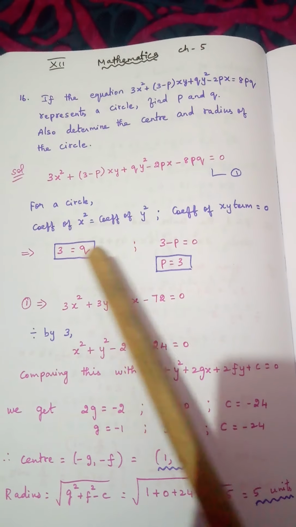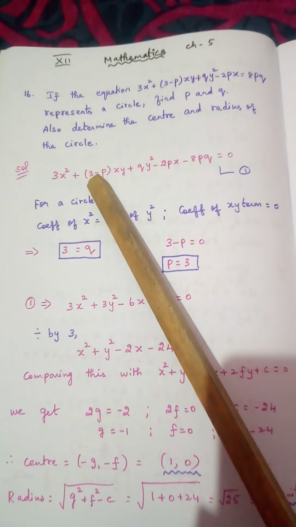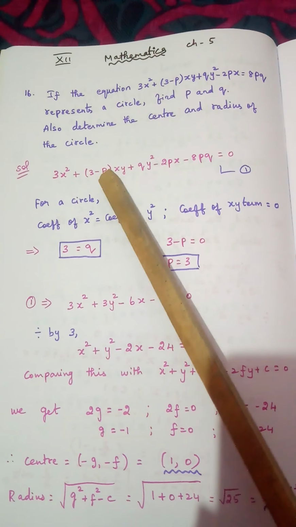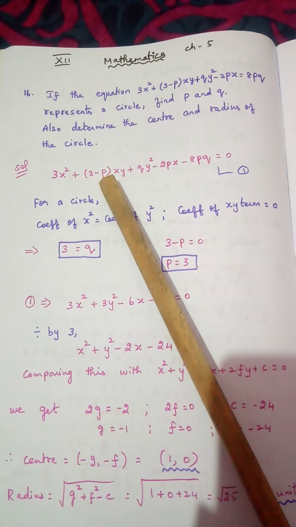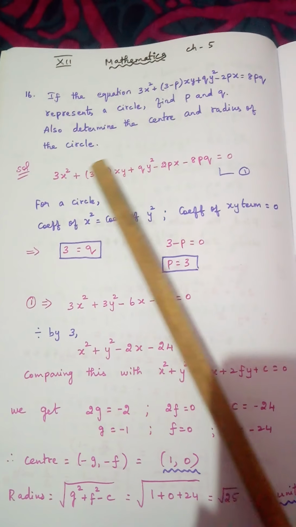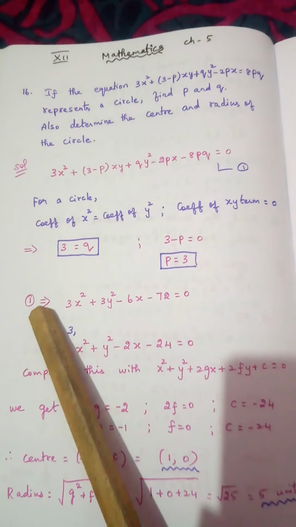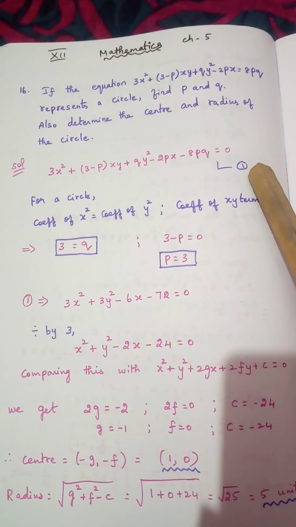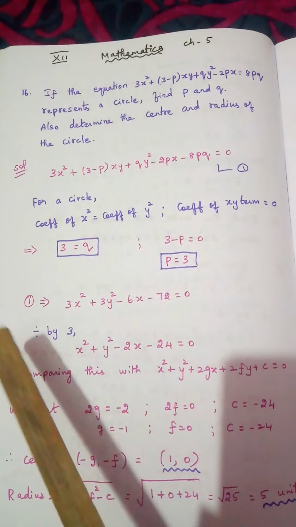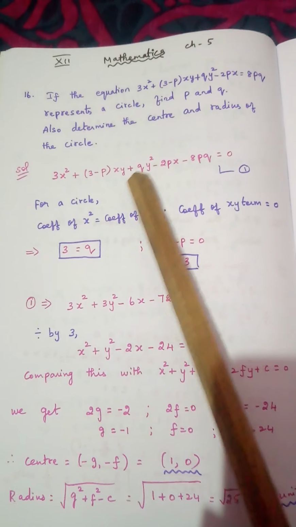So what we do is we are going to substitute p value and q value in this first equation. What will happen if I put 3 here in place of p? 3 minus 3 will become 0. Therefore xy term will vanish. So equation 1 gives, what is equation 1? The given question is called equation 1. So 1 gives 3x square, plus 3y square in place of q.